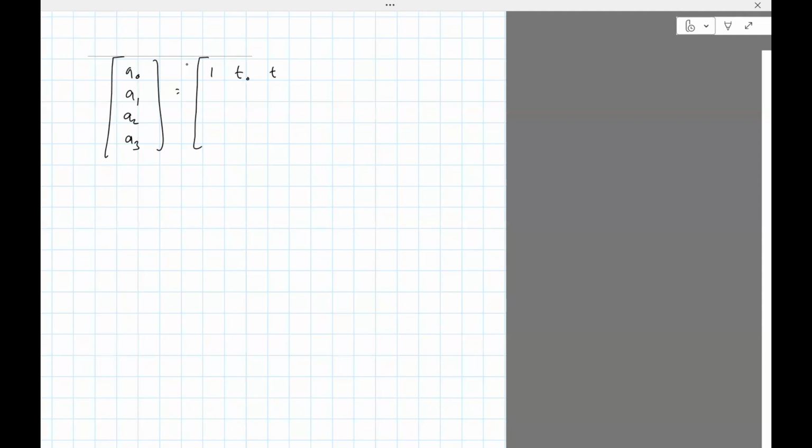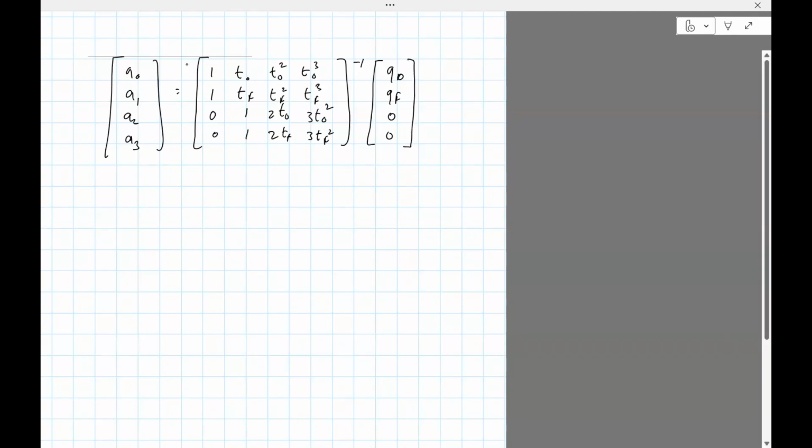I'm just rewriting that same equation, but now inverting it: the inverse of this matrix times q0, qf, 0 and 0.